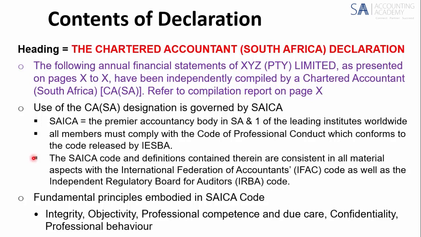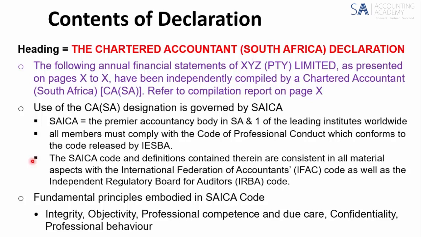So the way that the code is issued is it goes from IESBA. IFAC releases the IESBA code, the international code, and then it gets adopted first of all in South Africa by IRBA. They review it, they propose that it's adopted, and then it gets adopted. Then SAICA will go and say, well, we will now also adopt the changes that have been recommended or adapted in the IRBA code.